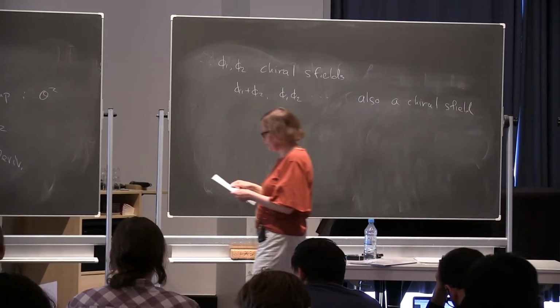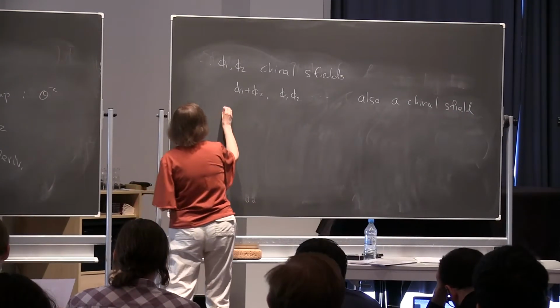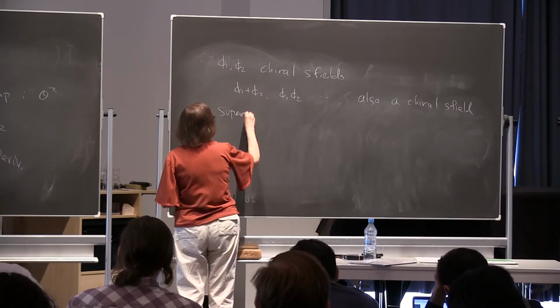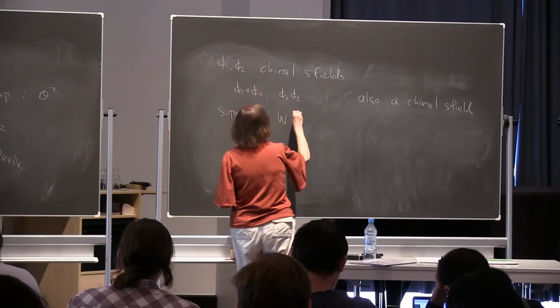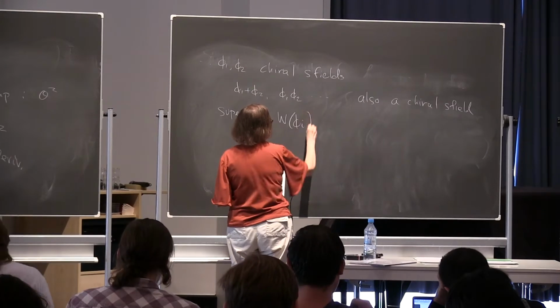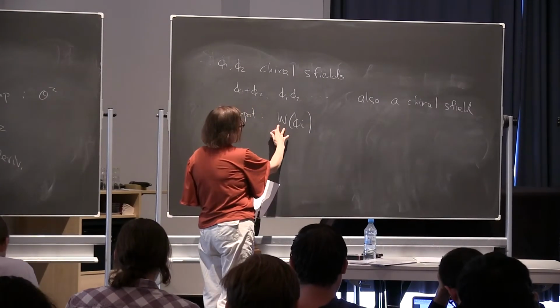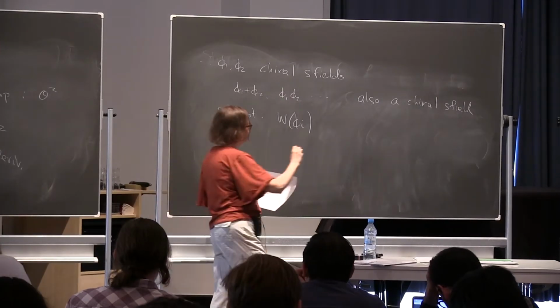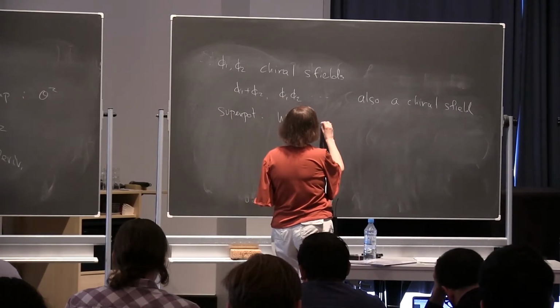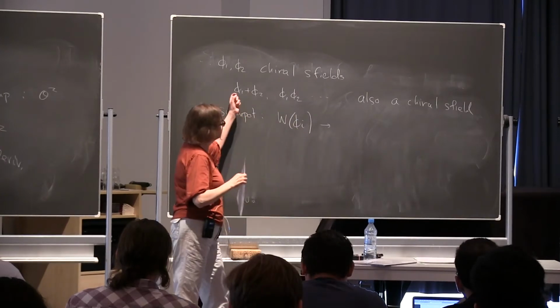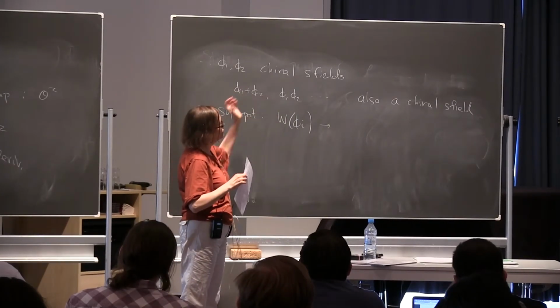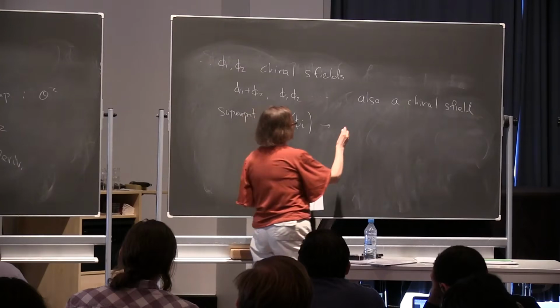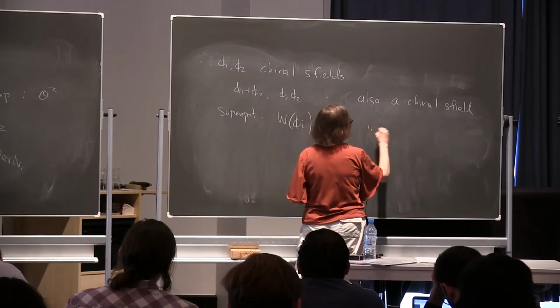So remember that before we had the superpotential W of phi I, which we defined to be just a function of the phis, not the phi daggers. Because it contains all sorts of combinations of chiral superfields, it's also a chiral superfield.